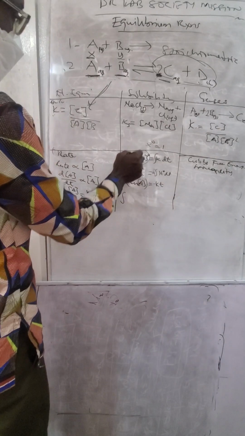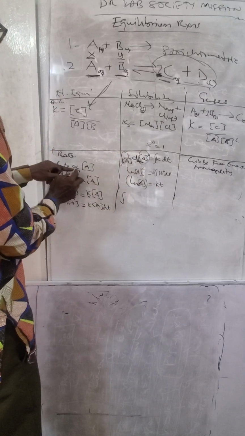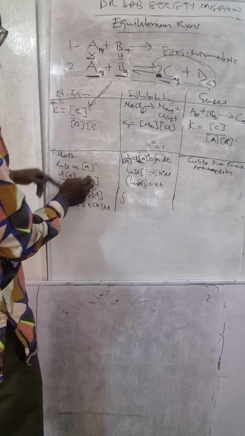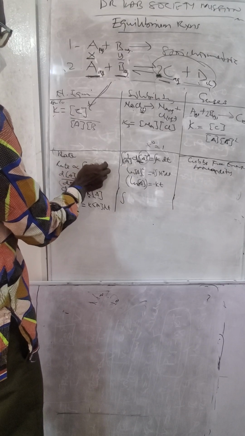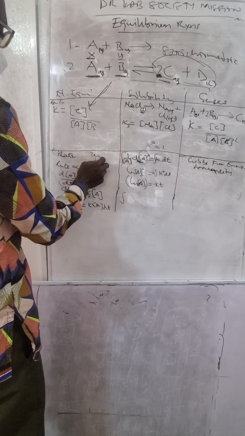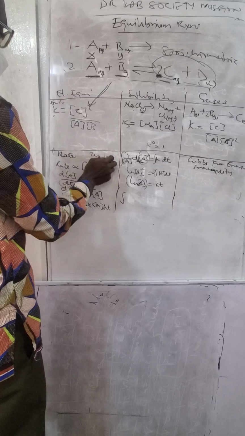If we had started from here and said this one was 0, it would be a different value if it was 1 or 2. So this will be the 0 order reaction, this will be the first order, this will be the second order.